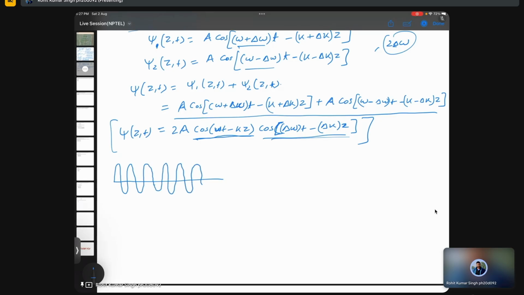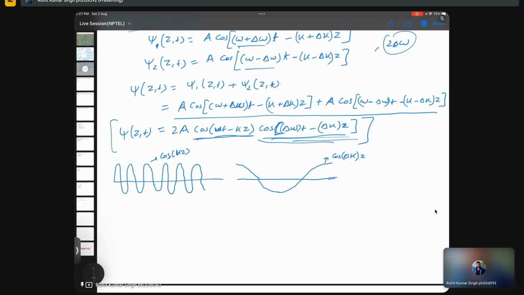Okay, something like this. So this is cos kz. I am drawing it at a fixed time, and this one at t equal to 0 will have something like this. It is a cos delta kz.